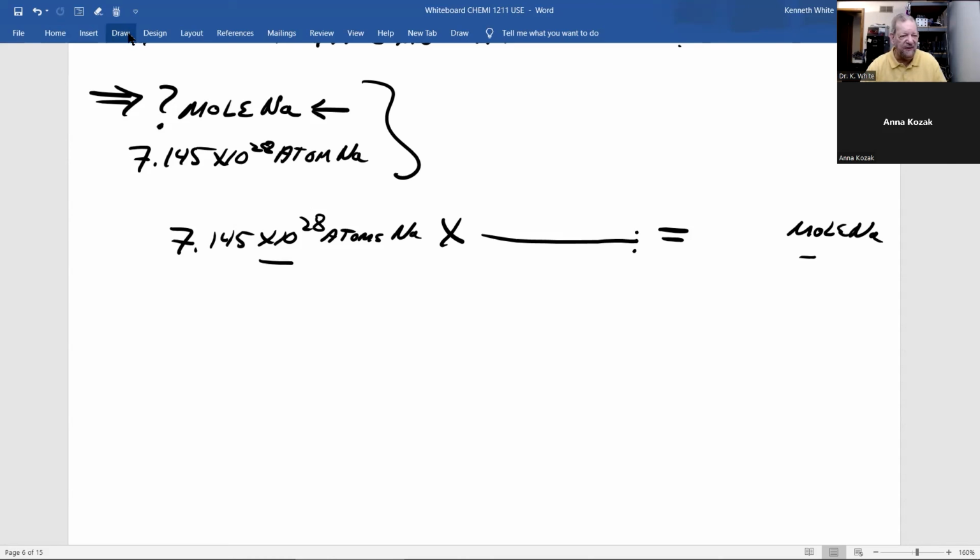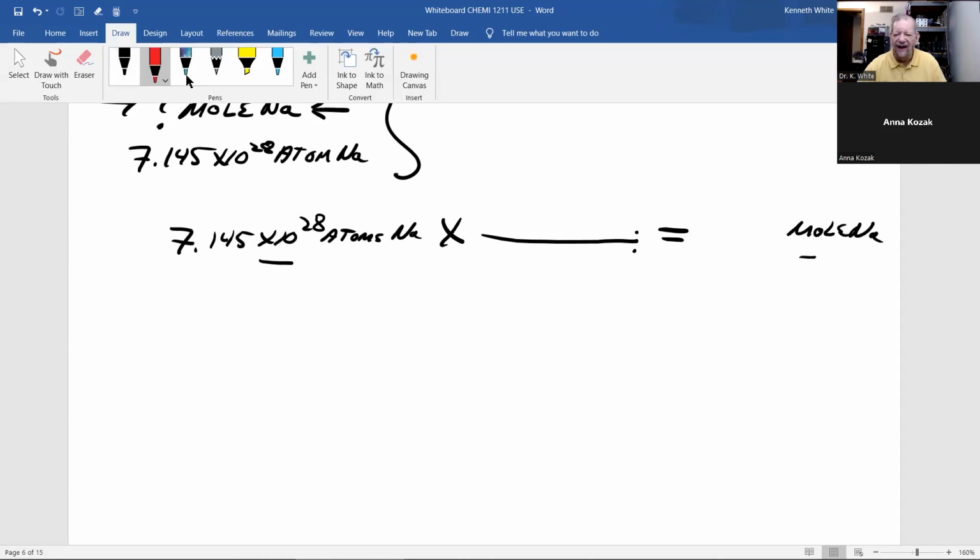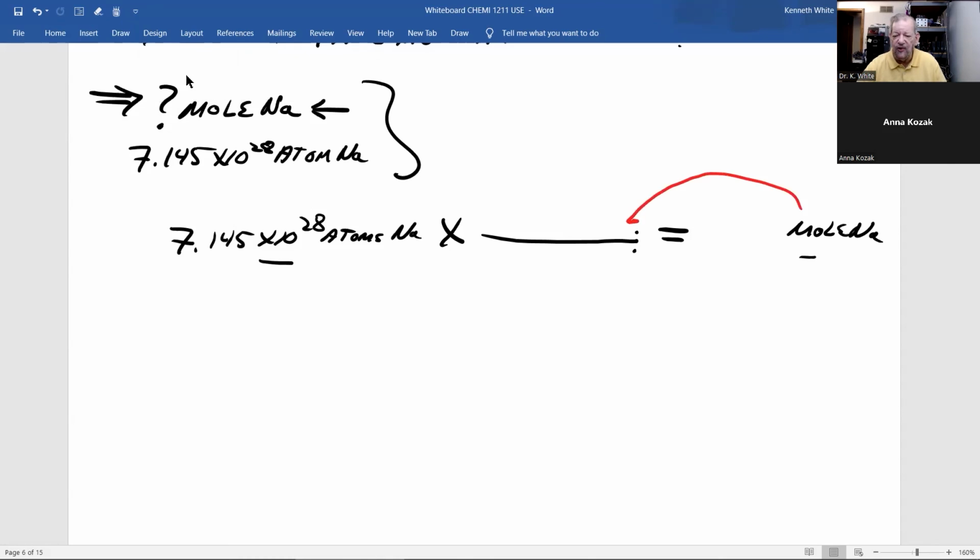So it's my turn. And using your good buddy, your good friend, whatever you're trying to get to, units go on top of the ratio. Whatever you're trying to get rid of, units go underneath. And now I'm going to write those units in. All right.